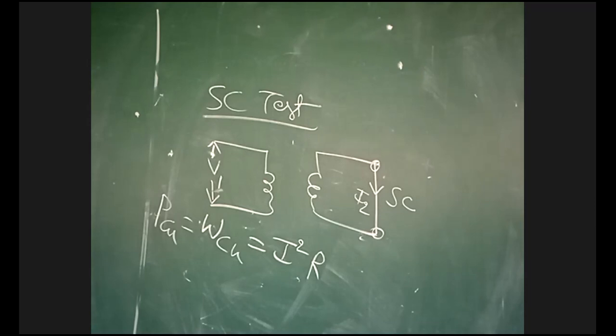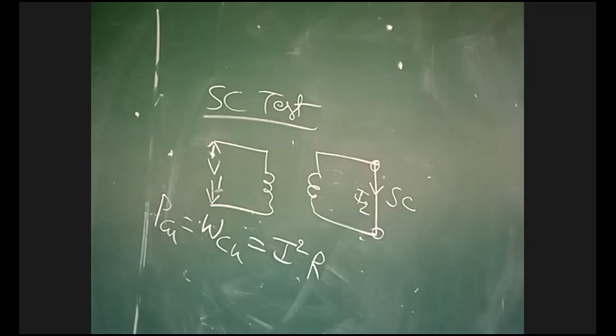Windings are N1 and N2. The winding is made up of copper. Winding is nothing but coil. For determining the copper loss, we have to do the short circuit test. If you apply 3 ampere or 4 ampere, it won't give complete copper loss of the transformer.